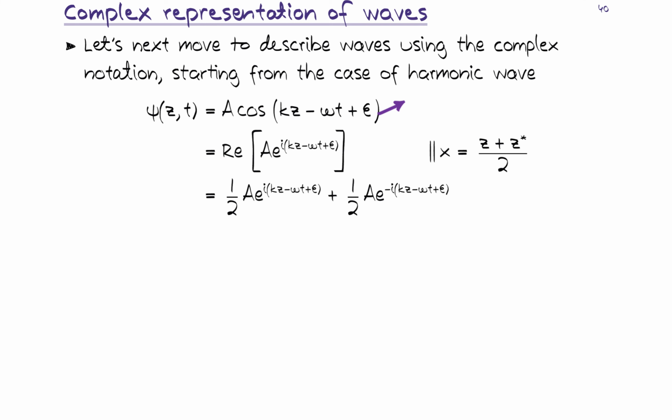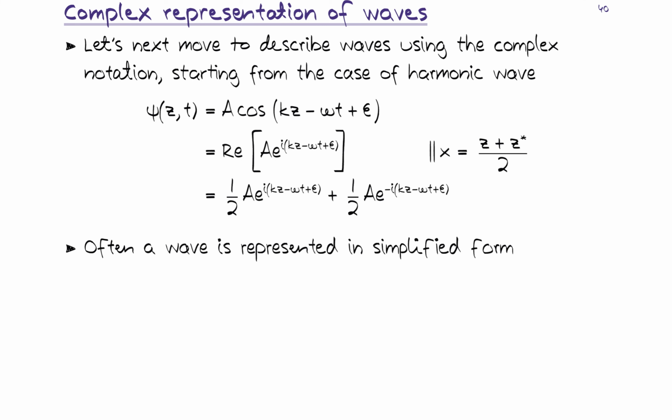We are just using this to write the real part. This doesn't look very nice, because just writing things using cosine would be simpler. But we can simplify this, forget the fact that in the end we would be taking the real part, and just use a single term like this to describe the wave.